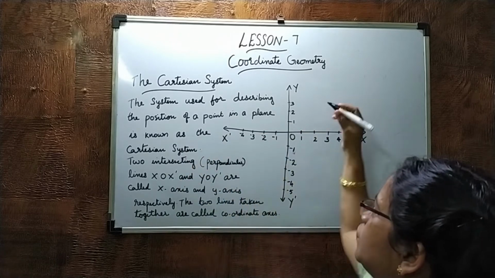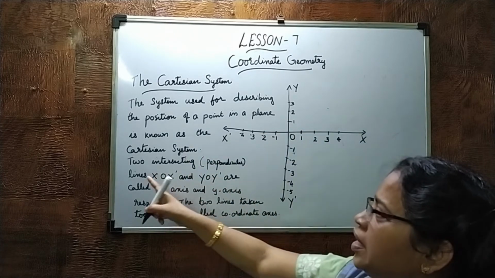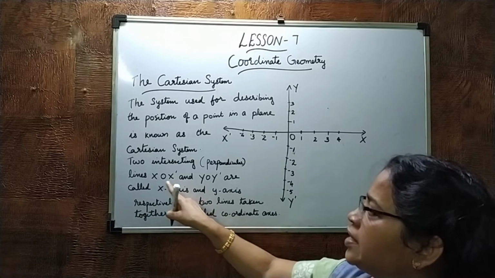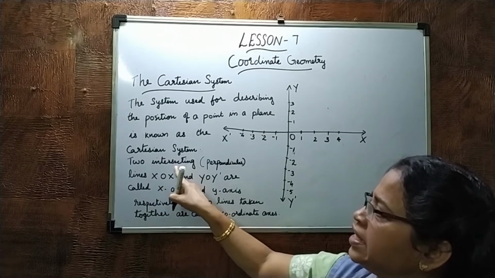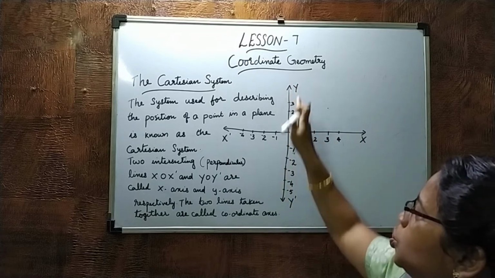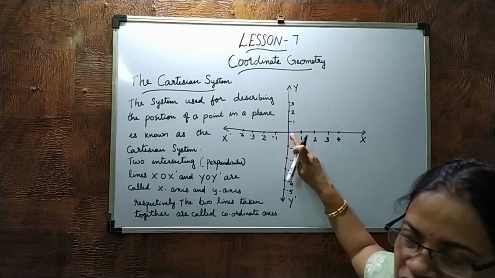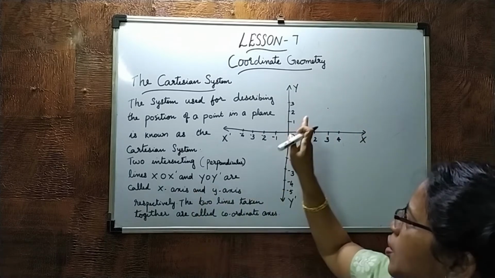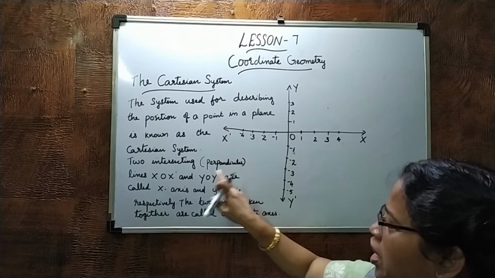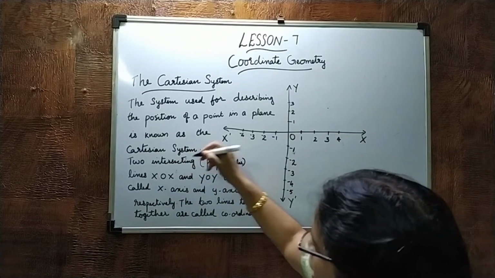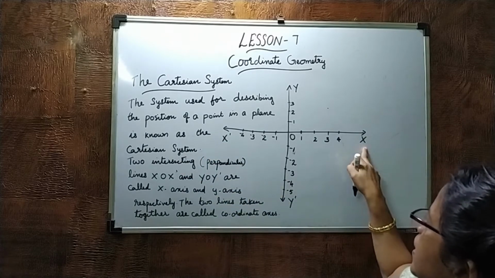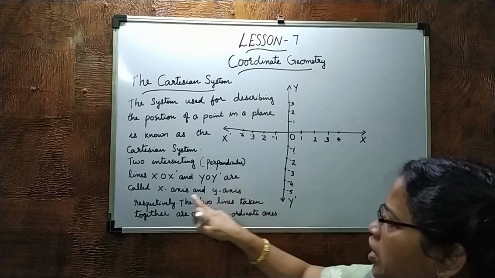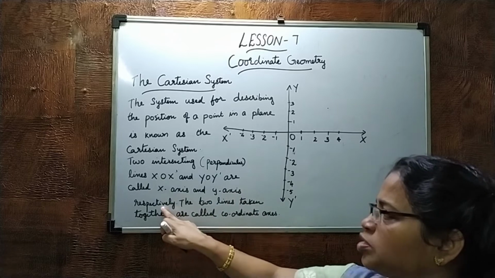So there we are going to say which position this point lies. Then, two intersecting perpendicular lines, XOX'. Two lines intersecting at origin, and perpendicular to each other. Two intersecting perpendicular lines XOX' and YOY' are called x axis and y axis respectively.